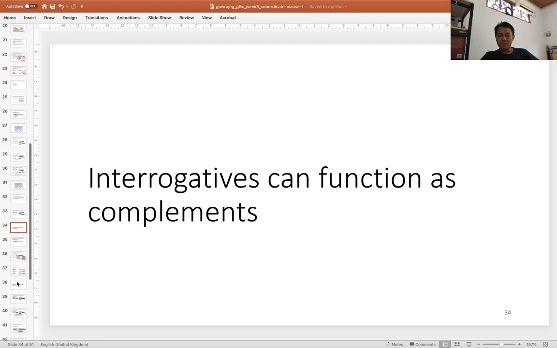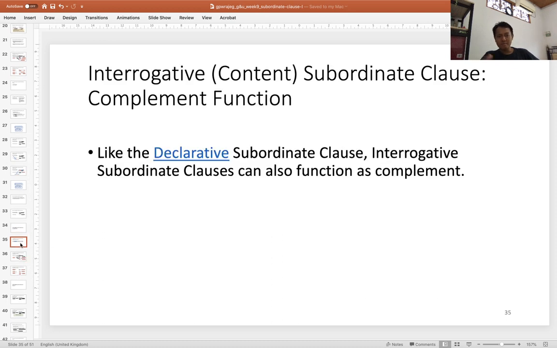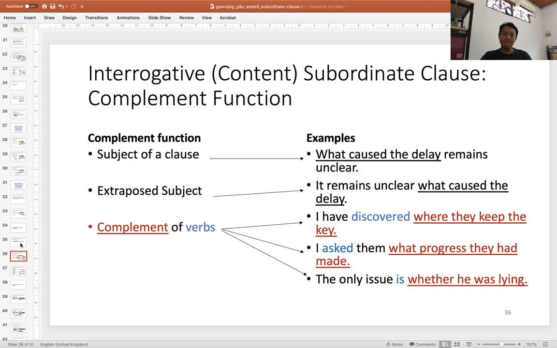Interrogative can function as a complement. Like the declarative version, both the closed and the open interrogative subordinate clauses can also function as a complement. It can function as a complement of a verb. It can function as the subject of a clause, such as "what caused the delay remains unclear."